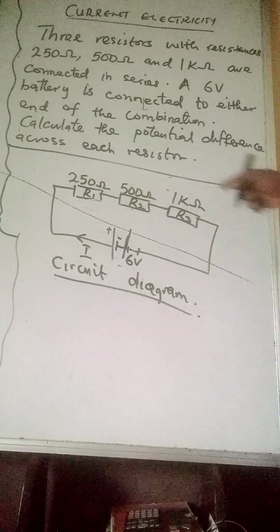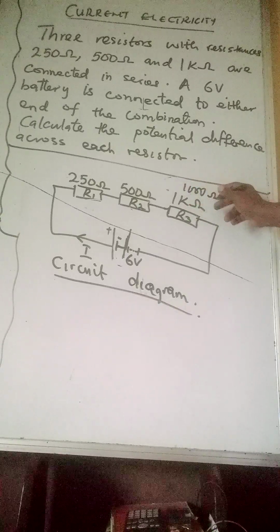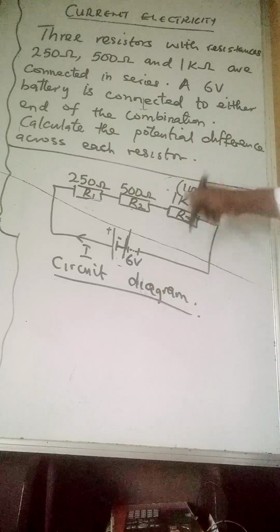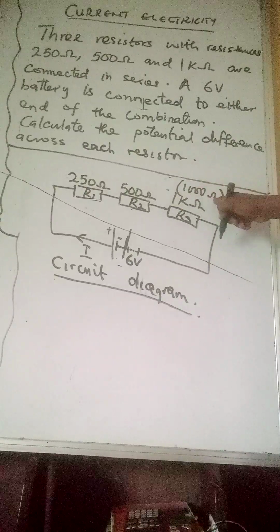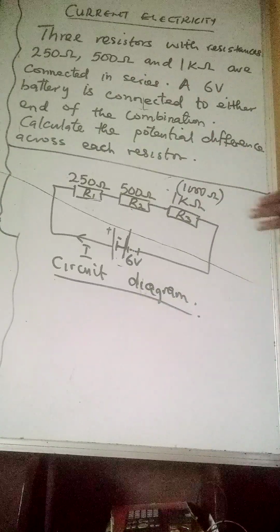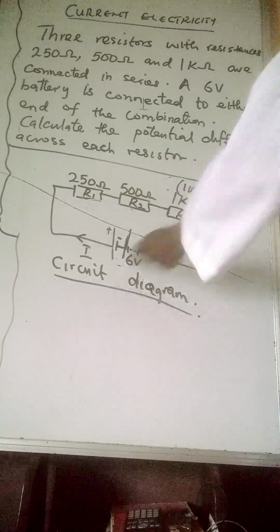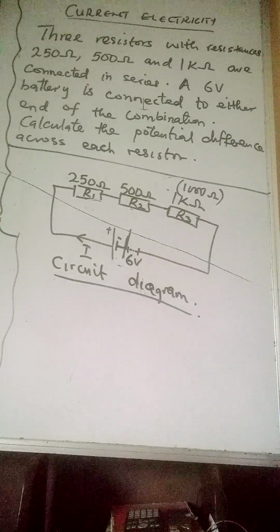Now, don't forget this 1 kilo ohms is the same thing as 1000 ohms. Why? Because kilo stands for 1000. So 1000 times 1, that will be 1000 ohms. That means I will be making use of 1000 ohms in the subsequent steps. Now, having drawn this, what is the next thing?